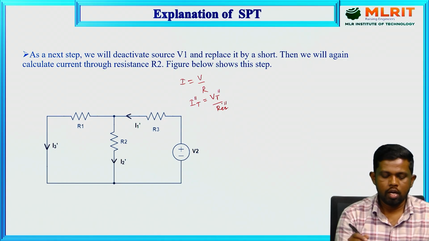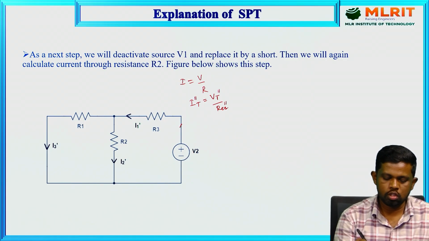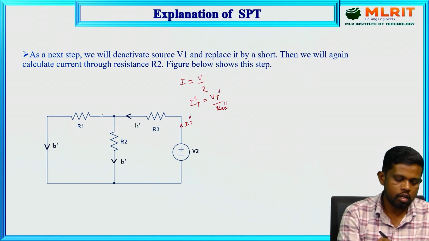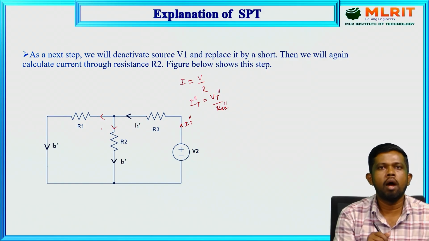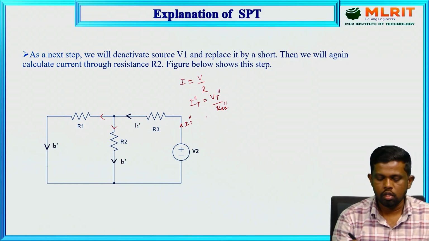So R equivalent double dash we will find based on the current flow of the network. The current given by this source is IT double dash, which circulates towards R3 and enters here, dividing between these two. So R1 and R2 are in parallel, which is in series with R3. The R equivalent of the network is R1 parallel to R2, and that combination in series with R3. Elaborating, we get R1 into R2 upon R1 plus R2, plus R3.